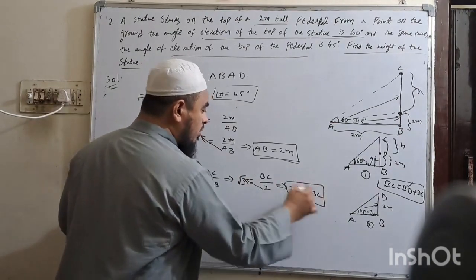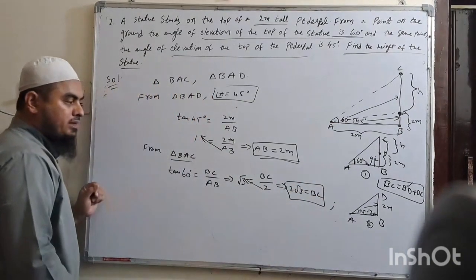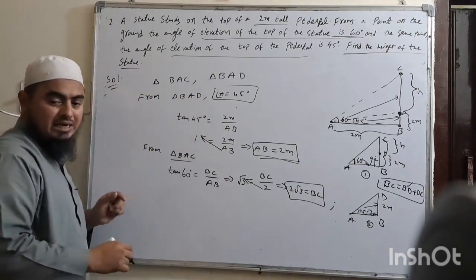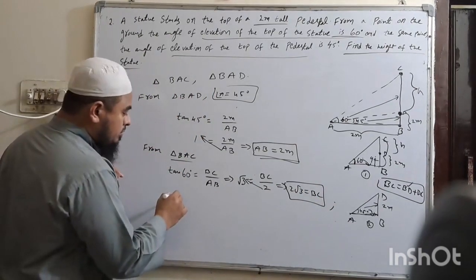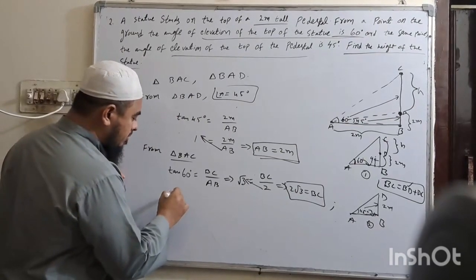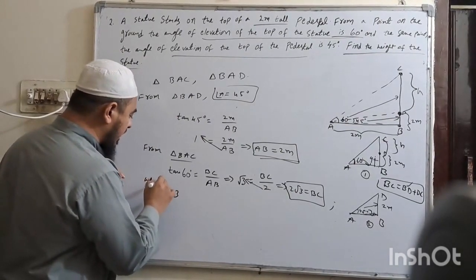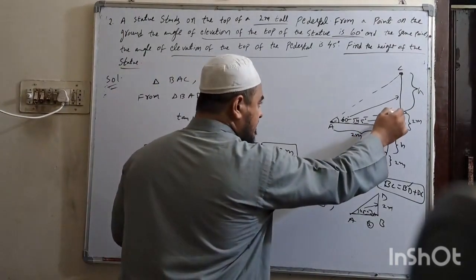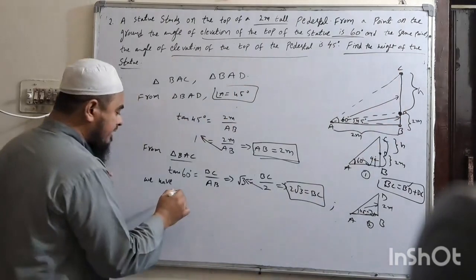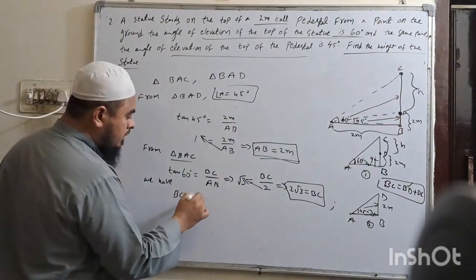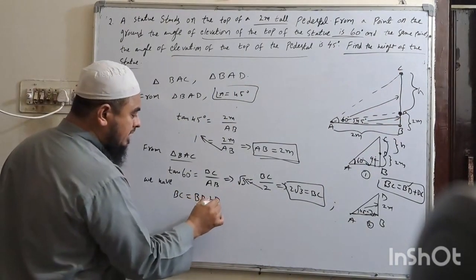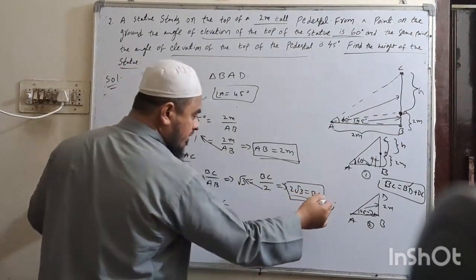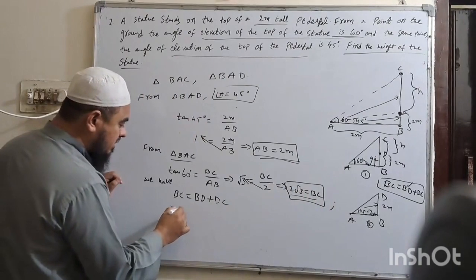And what they are asking to find is nothing but DC. So we have total BC, that is the height of the pedestal plus the height of the statue, that is BC is equal to BD plus DC. In this, BC we just got, that is 2 root 3.